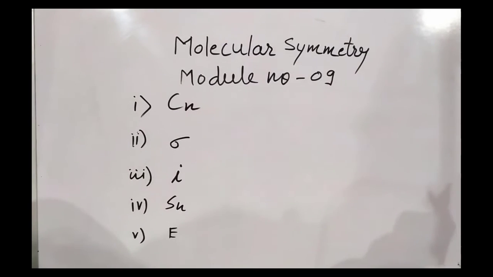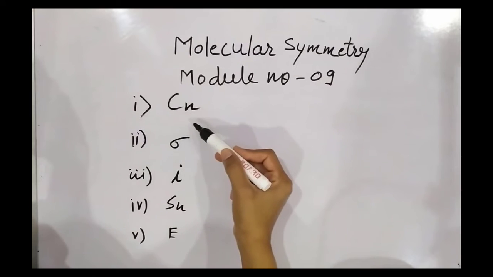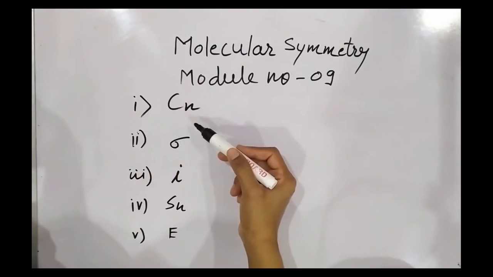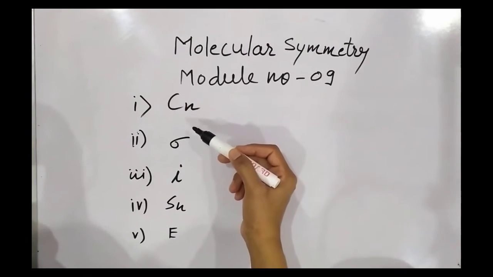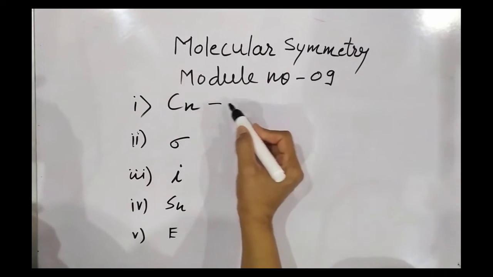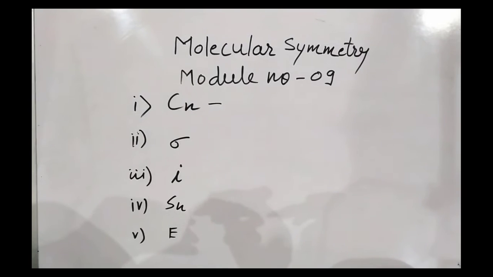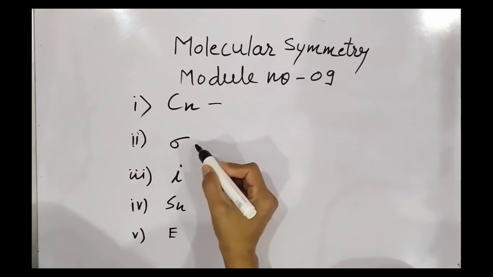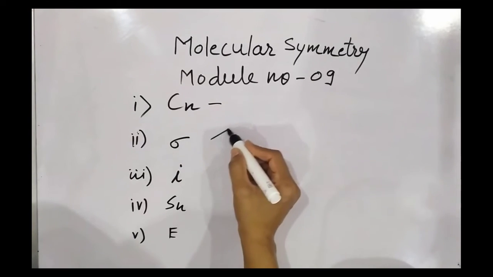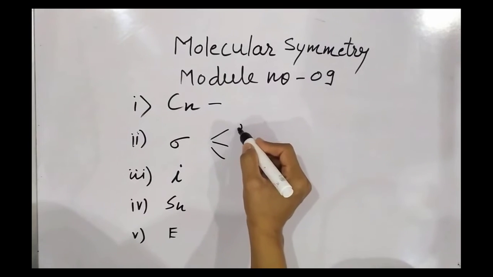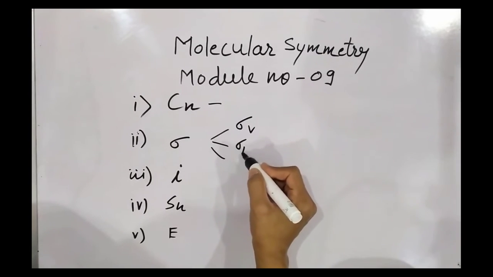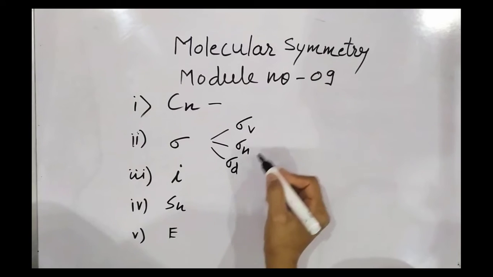So these are the 5 symmetry elements that we have studied so far. First one is Cn, called the proper axis of rotation or proper rotational axis. By using this, we get an idea about the principal axis or subsidiary axis. Second one is sigma, called the mirror plane. There are 3 types of sigma we have seen: sigma v, sigma h and sigma d.